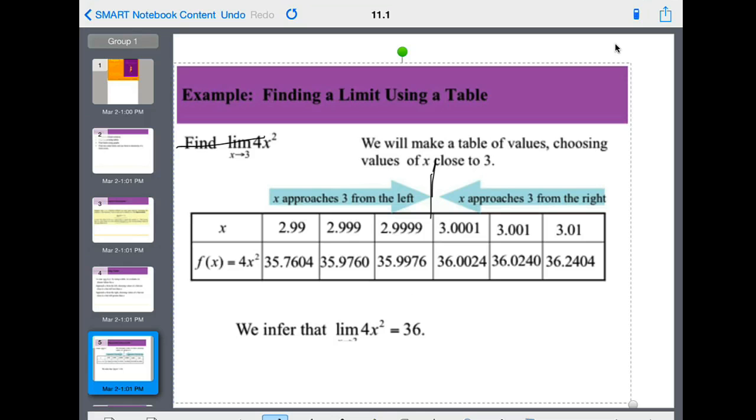Then at 3, it's 36. And then it's 36.0024 on the other side. What's happening? As we're getting closer and closer to 3 from this side, it's getting closer and closer to 36. As it's getting closer and closer from this side, it's getting closer and closer to 36. So for both sides, it's getting closer and closer to 36.